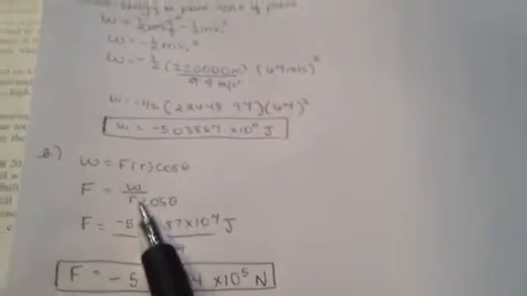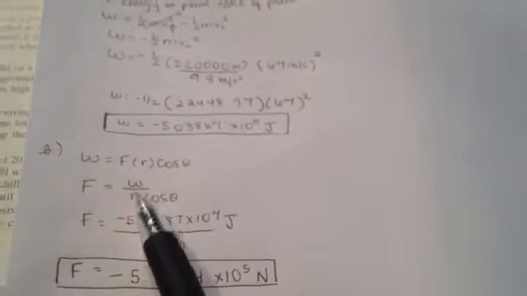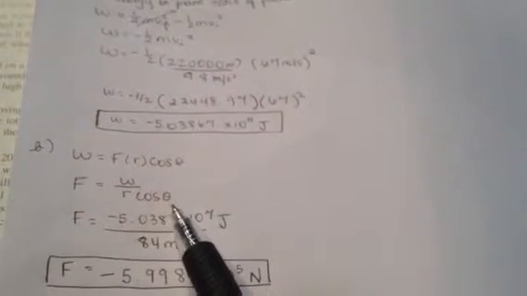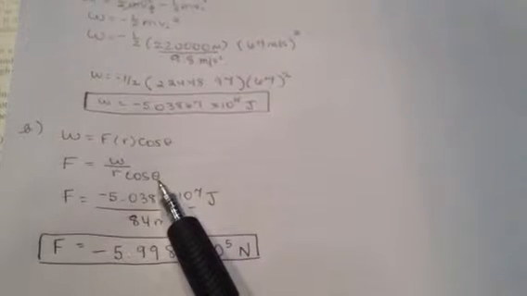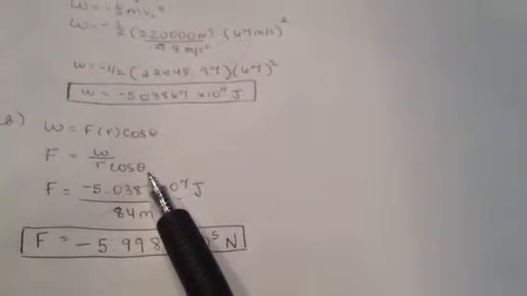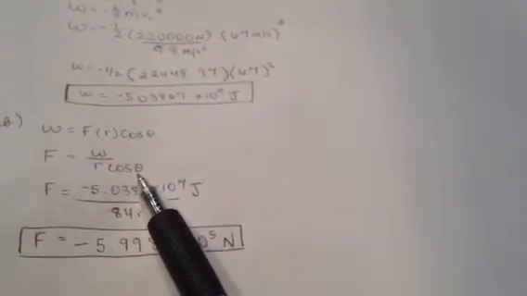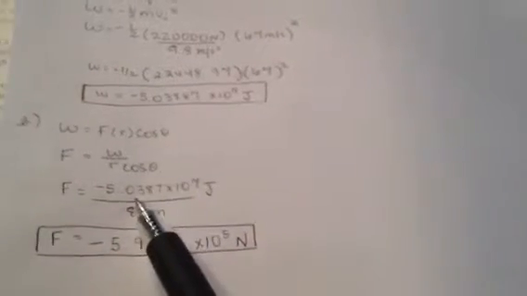We can rearrange this to get force on one side. We divide by r times cosine theta, and we get work divided by r cosine theta. Cosine of theta in this situation is cosine of 0, which is 1, so we don't have to take that into account.